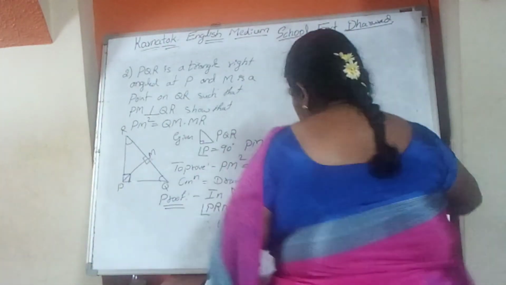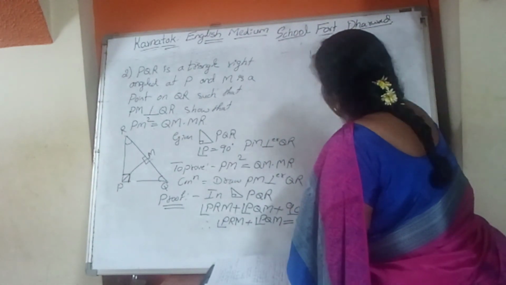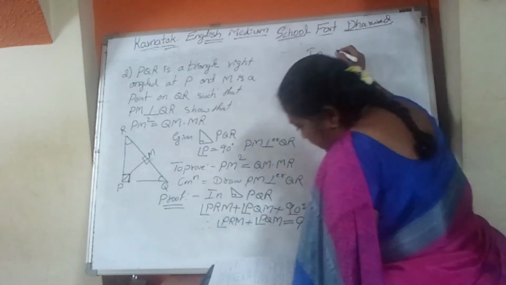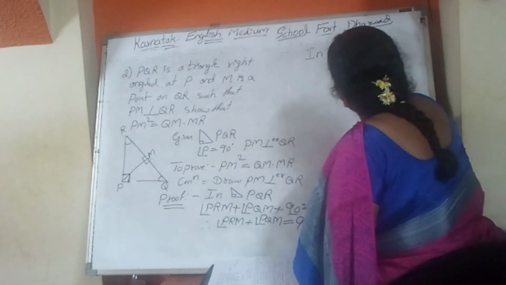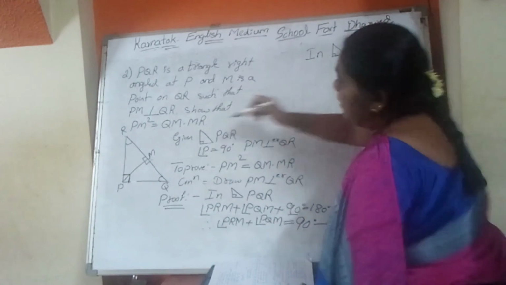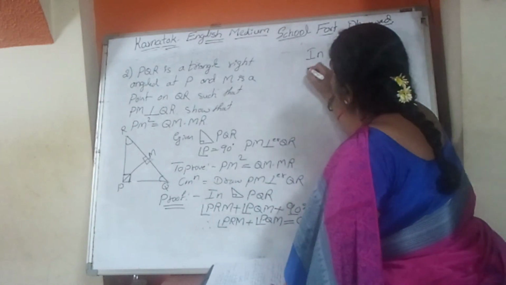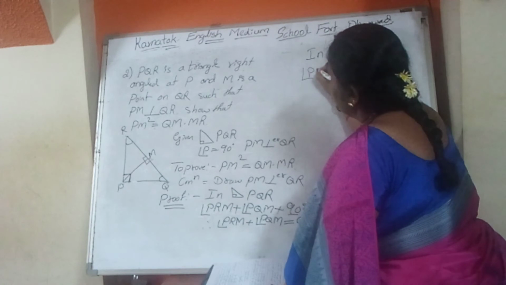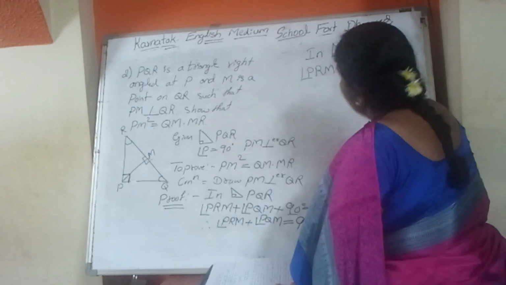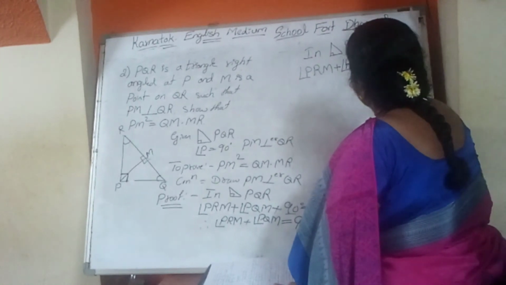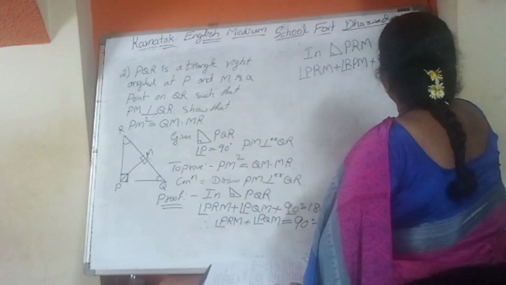Now, in right angle triangle PRM, angle PRM plus angle RPM plus 90 is equal to 180.